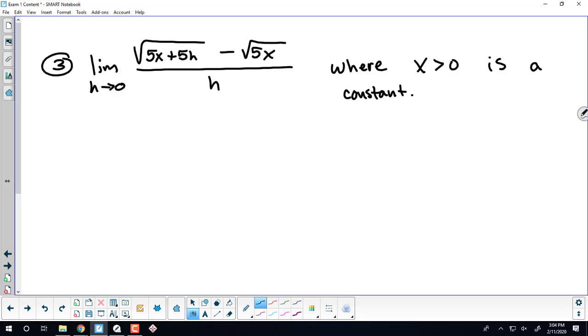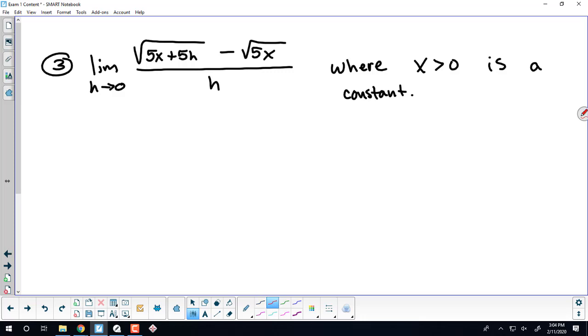Okay, so with limits like this, when we evaluate them directly and you get something goofy, that doesn't necessarily mean that it doesn't exist. You want to think about it a little bit more in depth. As h approaches 0, what happens to our limit, or what is the limit of this function?